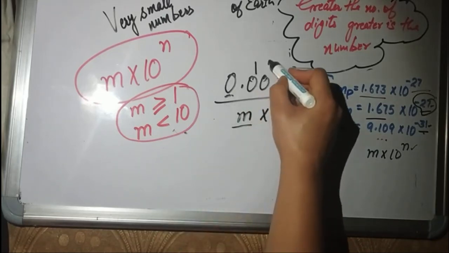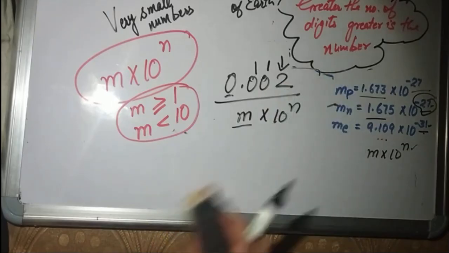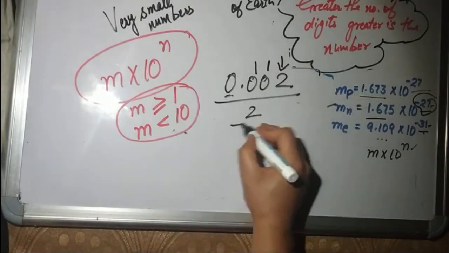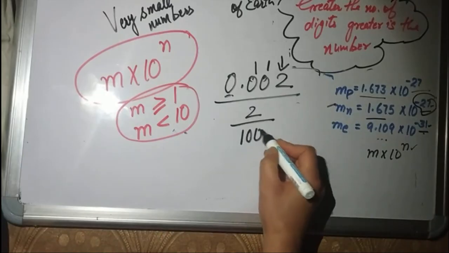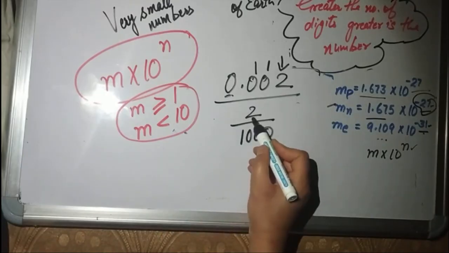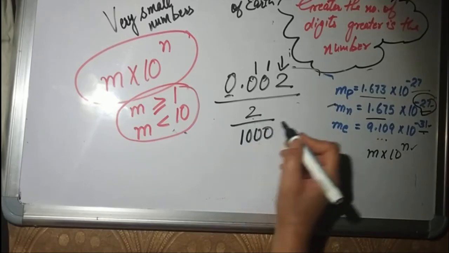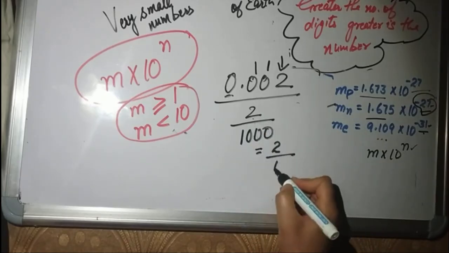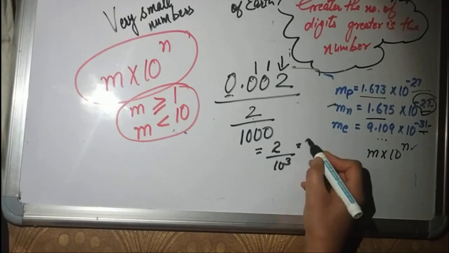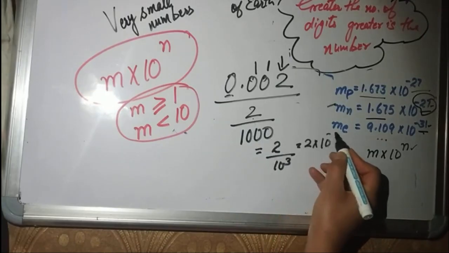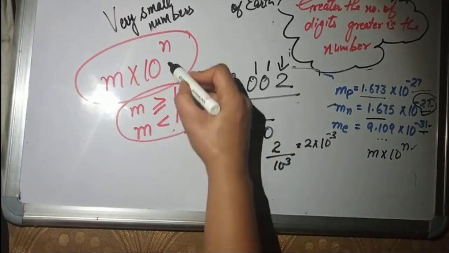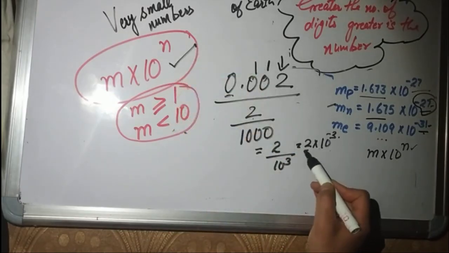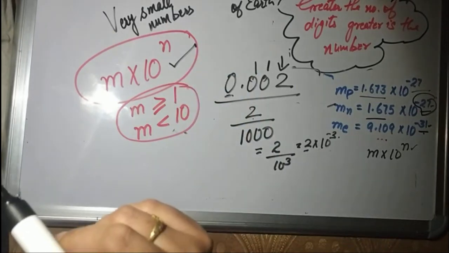This is your tenths, this is your hundredths, this is your thousandths place. So first convert it into a fraction, which is 2 over 1000. You can write it as 2 over 10 raised to power 3, which is 2 into 10 raised to power minus 3. Is it our required format? Yes, it's m into 10 raised to power n, and m is a ones place digit.